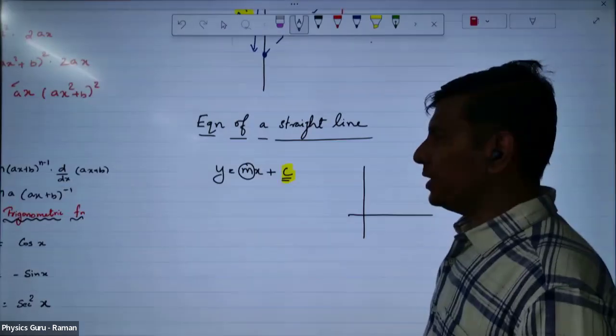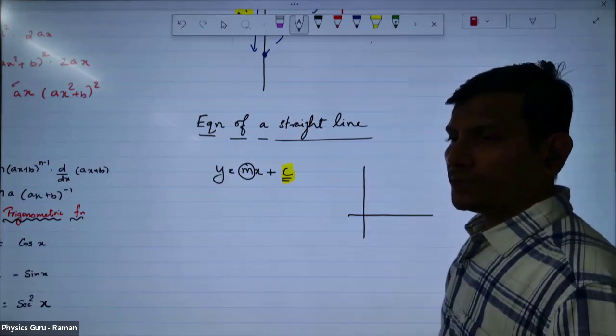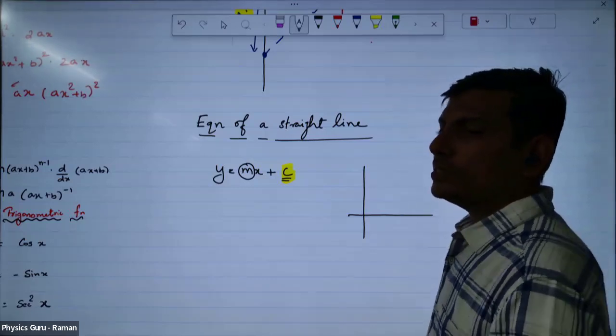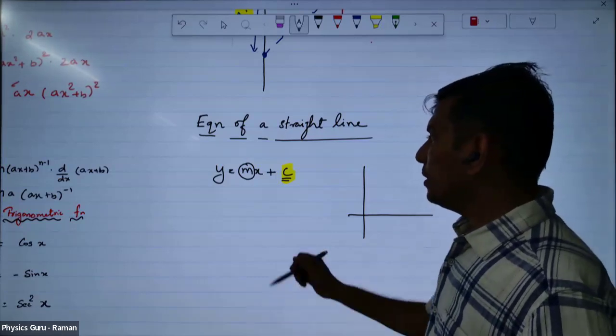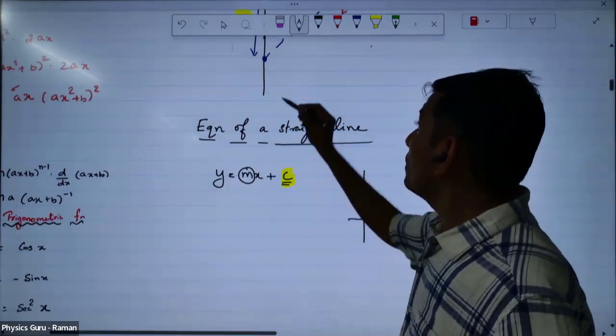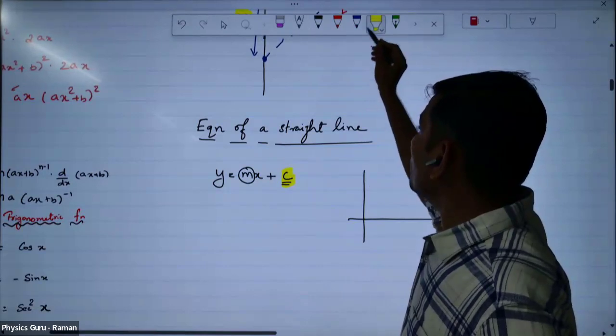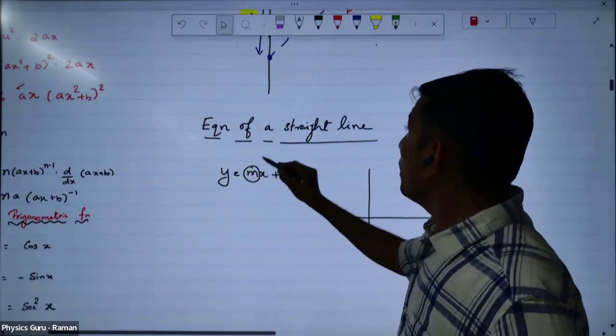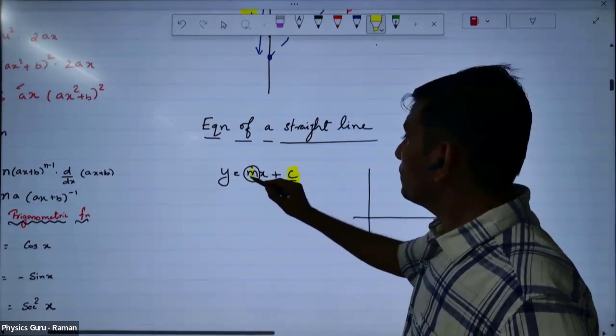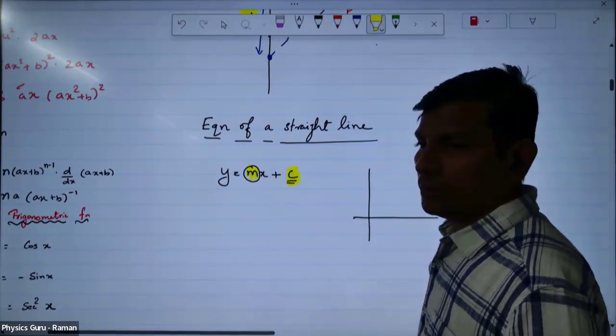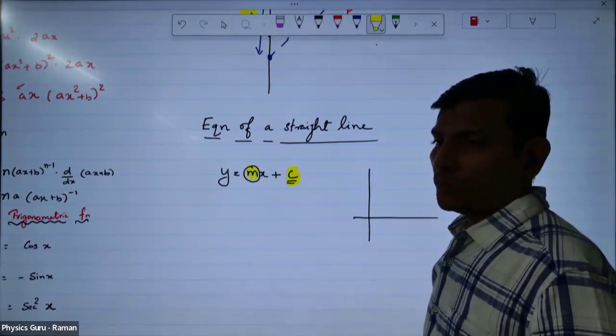And what's the equation? Y is equal to mx plus c. And here m is a constant and c is also a constant.